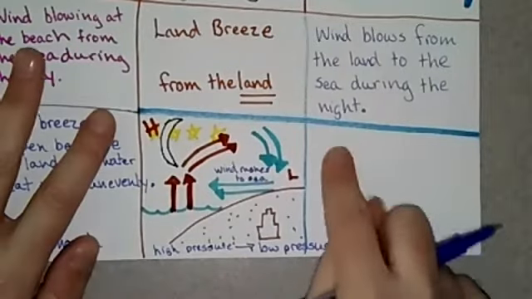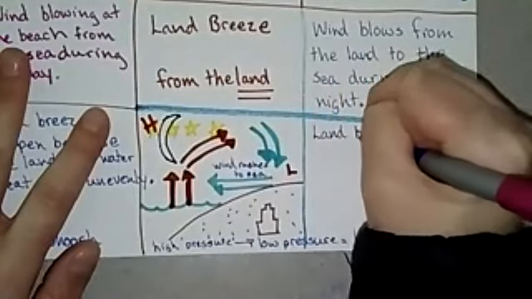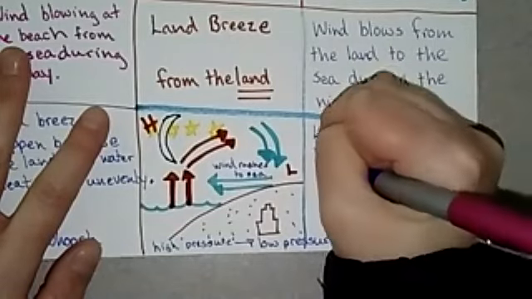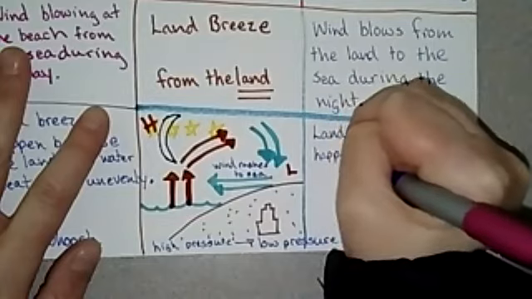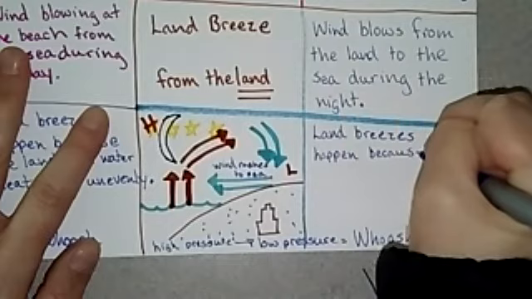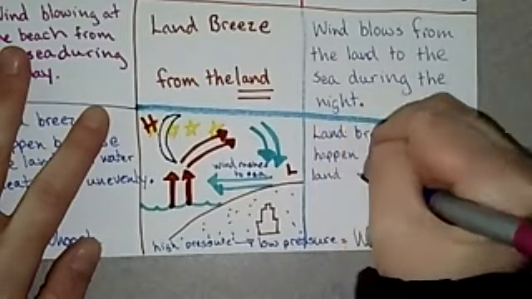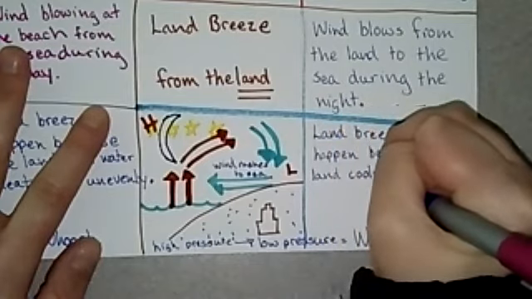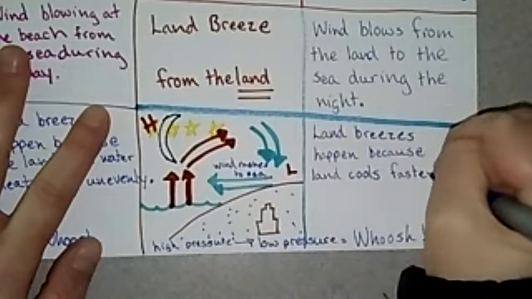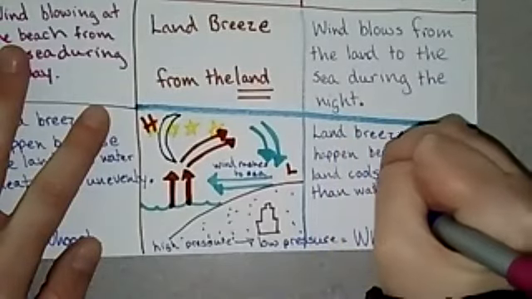So for our sentence here, we're going to write: land breezes happen because land cools faster than water at night.